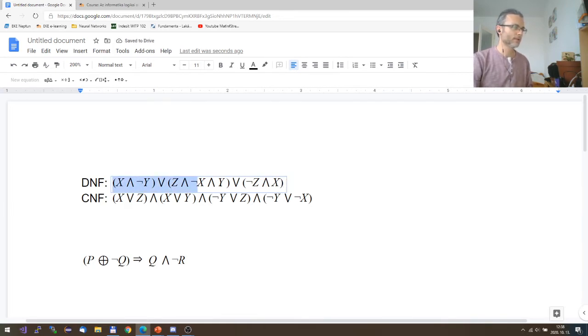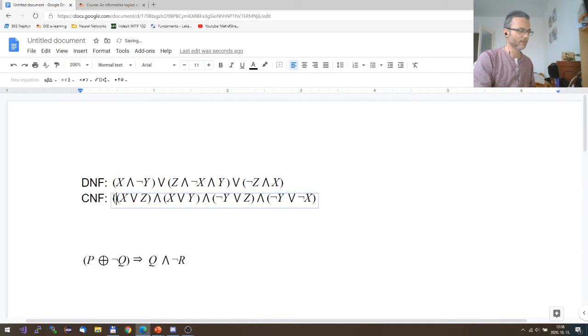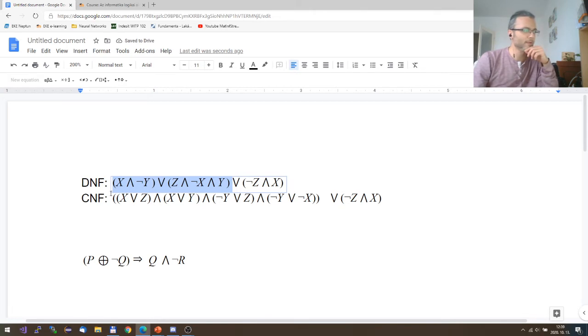So first of all, I translated the first 2 to a CNF. So this is what I got. And this is now connected with the rest of the formula. So we are not ready yet. So far, I just translated the first 2 cubes into CNF. Okay, so what to do now?